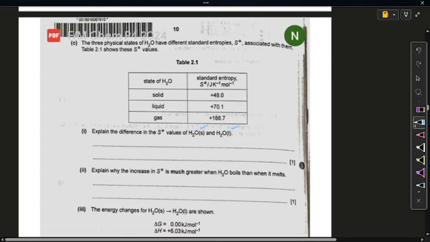Water in liquid is more, it's 70, and solid it's 48. So it means that in liquid there is more randomness as compared to solid.